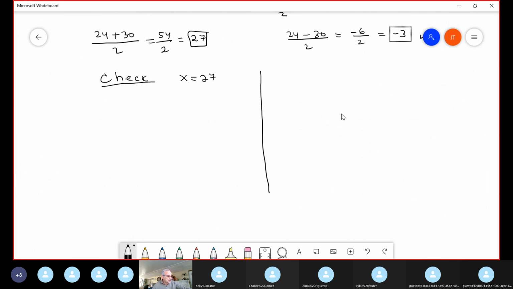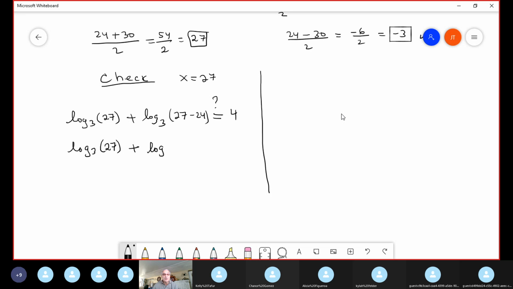My equation is logarithm base 3 of 27 plus logarithm base 3 again of 27, which is x, minus 24, should equal 4. I need to prove that somehow. Well, it's easy: logarithm base 3 of 27 plus logarithm base 3 of 27 minus 24, which is 3, so logarithm base 3 of 3, should be 4.